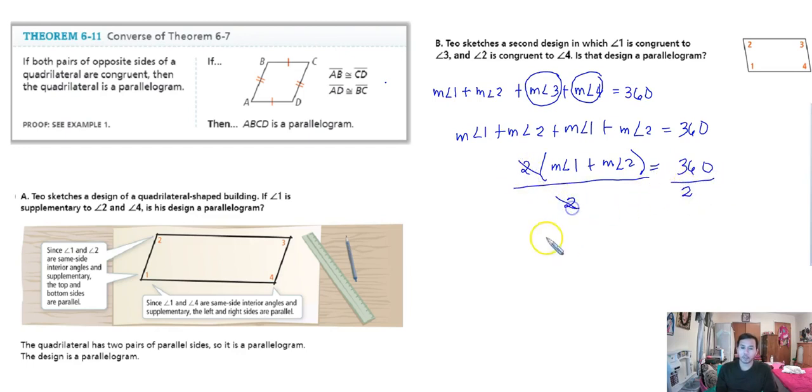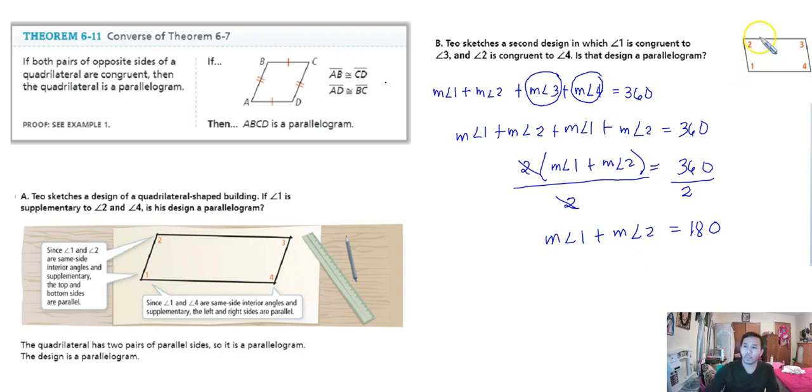Therefore, the measurement of angle 1 plus the measurement of angle 2 is equal to 180. Substituting angle 4 for angle 2, angle 1 plus angle 4 is equal to 180.